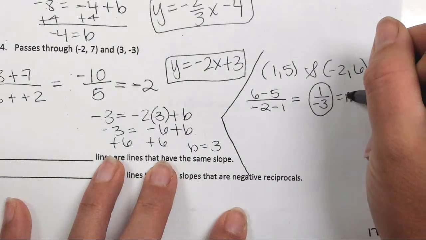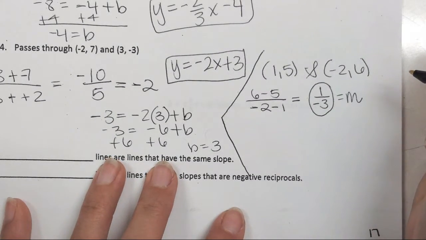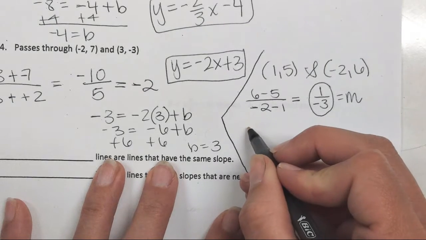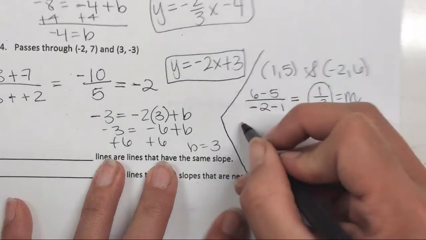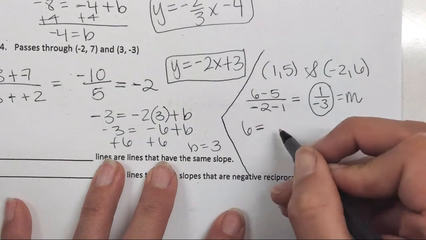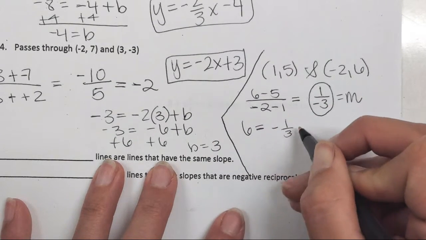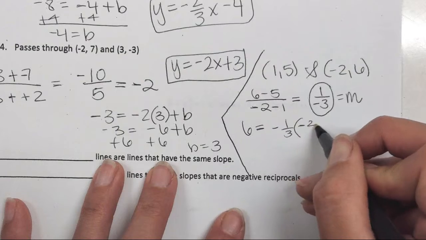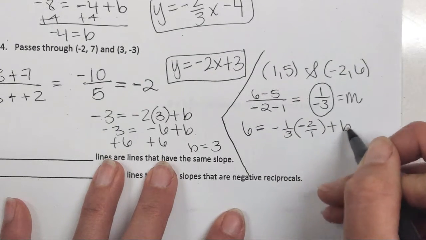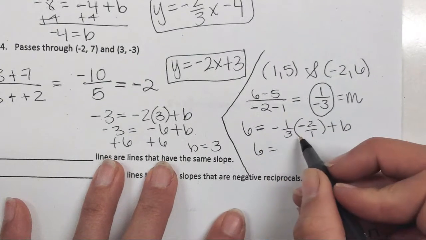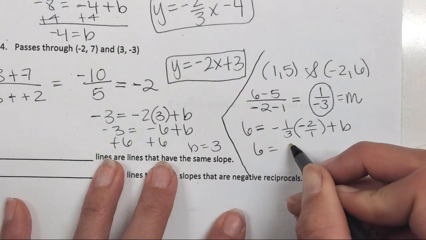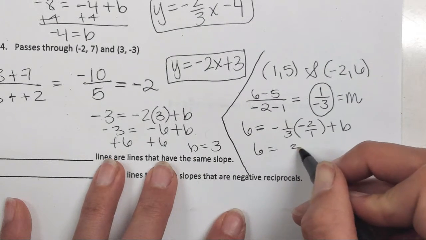What about the y-intercept? How do we find that? You plug it into y equals mx plus b. 6 equals negative 1 third times negative 2 plus b. Alright, so tell me what that would be as a fraction. 2 over 3, very good.